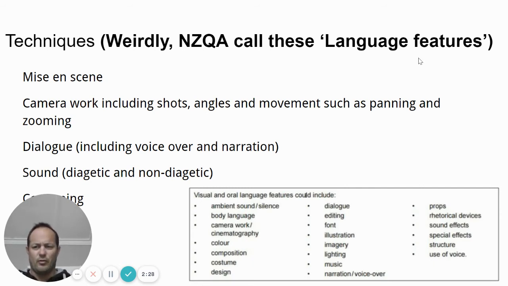They're talking about all this sort of stuff: mise en scene, camera work, shots, zooming in, zooming out, panning, dialogue, voiceover, sound effects, soundtrack, all that sort of stuff is what the NZQA are talking about when they talk about language features.